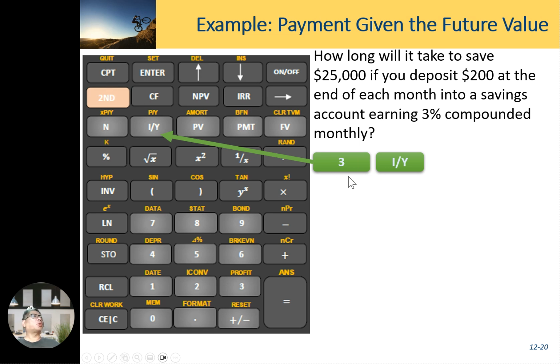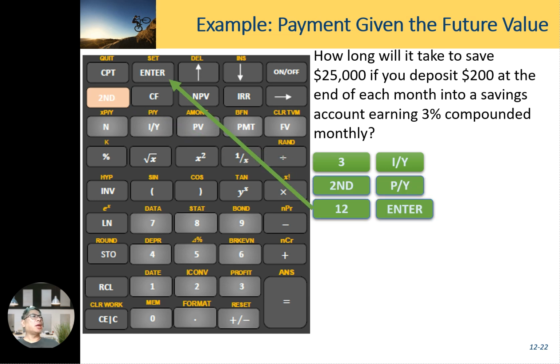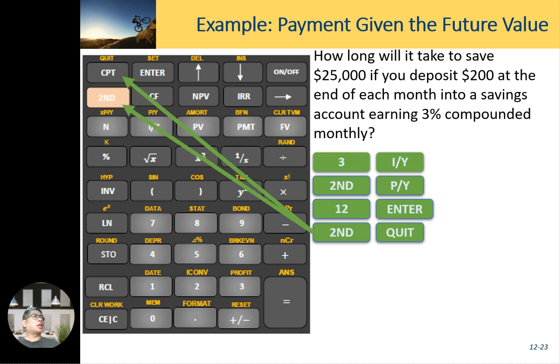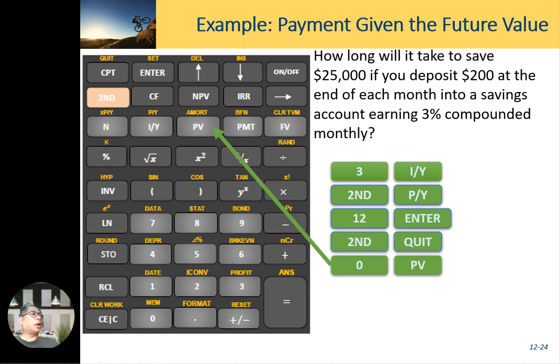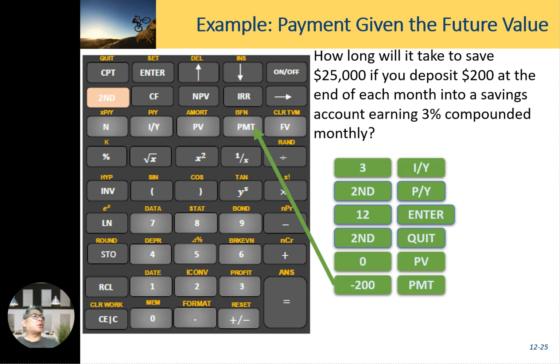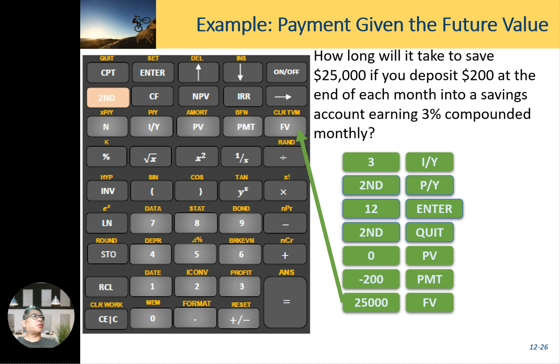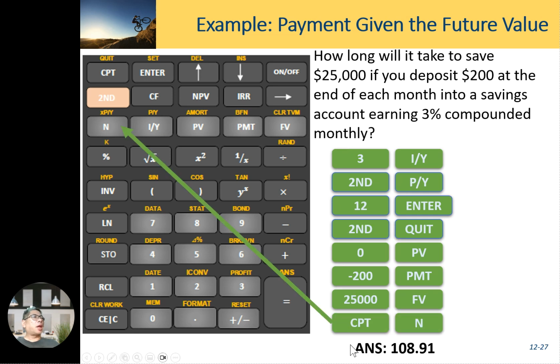So you're going to put in 3 here, 3 I/Y. Second, P/Y, 12, enter, which is the compounding period. Okay, and then second, quit. And then 0 present value, minus 200 payment, 25,000 is your future value. Then you're going to compute N, 108.9. So it's the same thing as the previous one. You have the step by step. 3 is here.